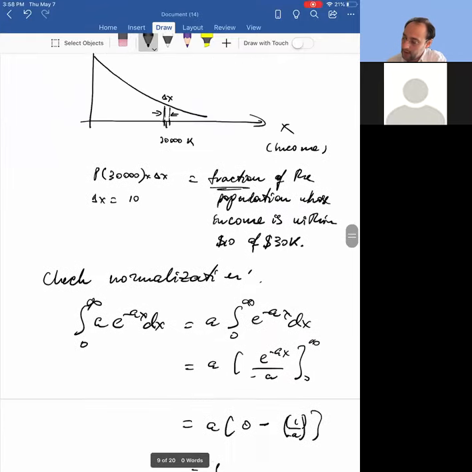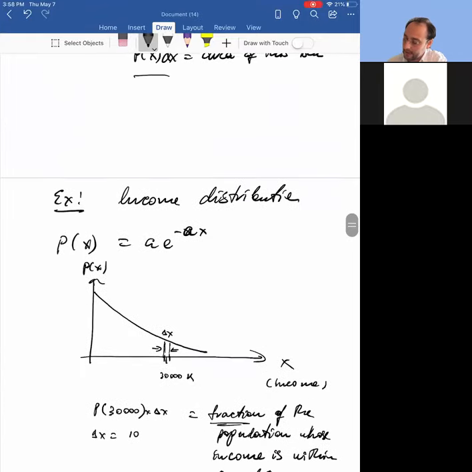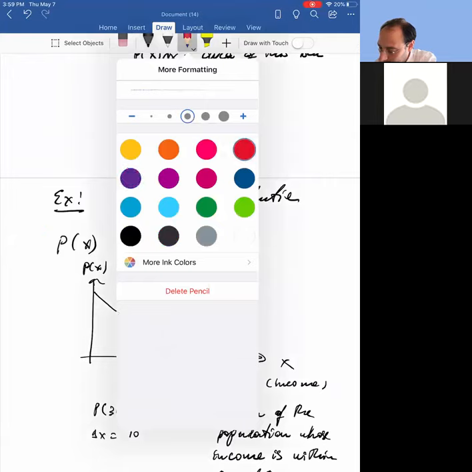Let's see. So this is an exponentially decaying distribution. The scale of the decay is 1 over a. In other words, the length of x during which the distribution falls off by a standard amount, e to the minus 1, is 1 over a. The mean is indeed exactly that value. So here's the mean.